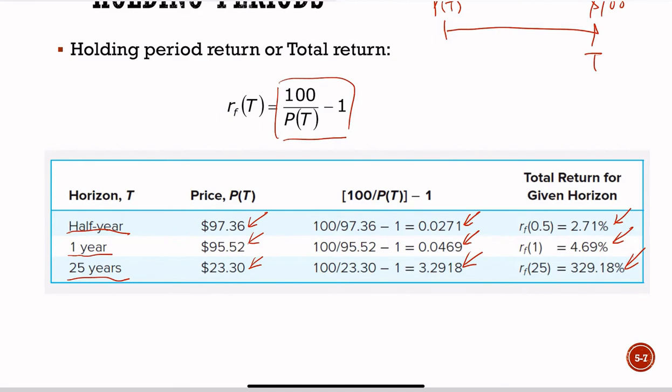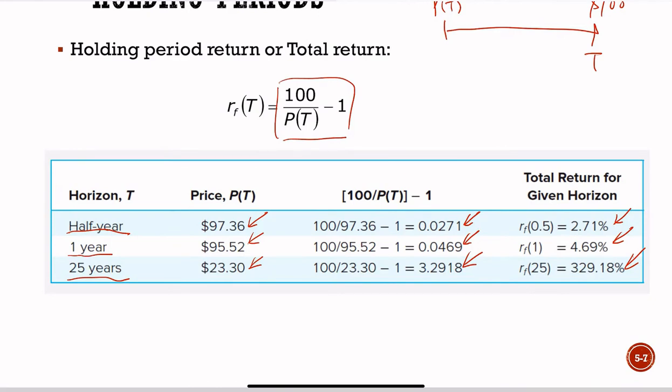So you can see that because we have different investment horizons, or different time scales, it's actually hard for us to compare returns, because you get very different numbers. So basically we want to compare returns with the same time scale.